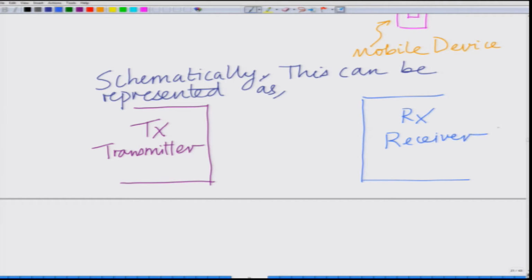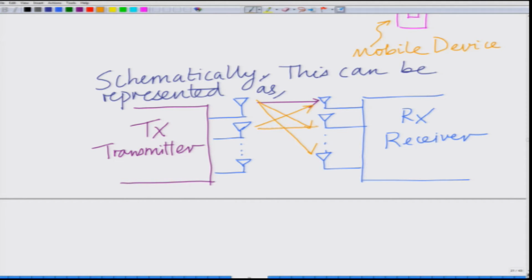I have multiple antennas at the transmitter and multiple antennas at the receiver. In between these, naturally, what I have is the MIMO channel.